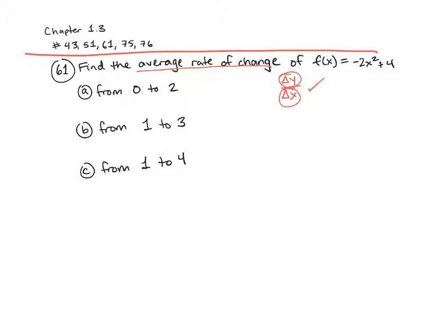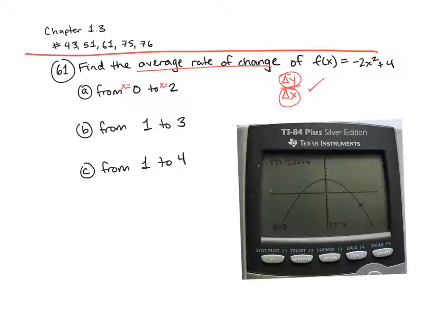So what they have given us here, these are the x values. So when x equals 0 to x equals 2. So if we look at our calculator, and I'm going to show you, I think I can do this, I'm going to show you my calculator. Huzzah, calculator. So this is what my graph looks like, and what I did here is I hit the trace button, this guy right here, trace, and when you hit trace, you can type in a number.